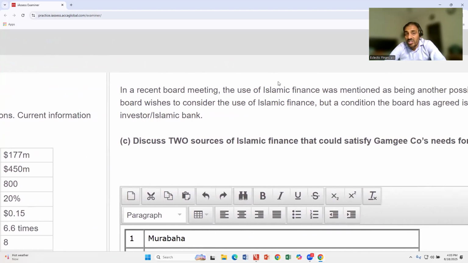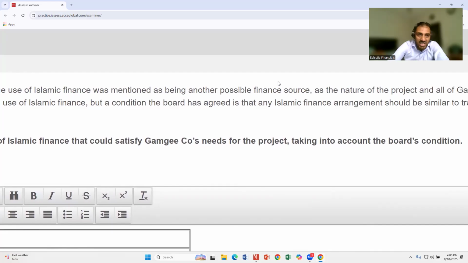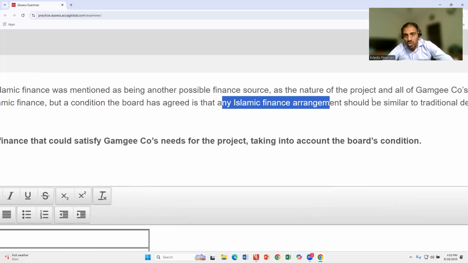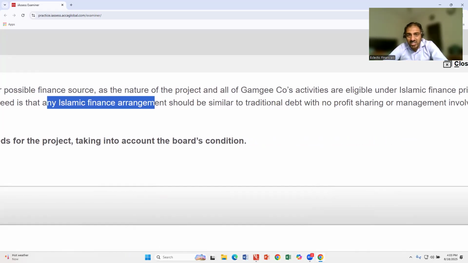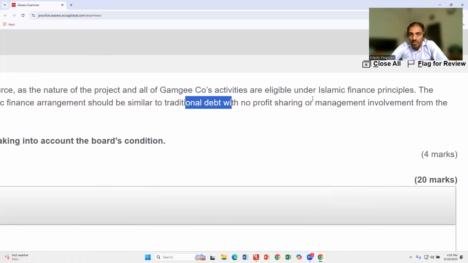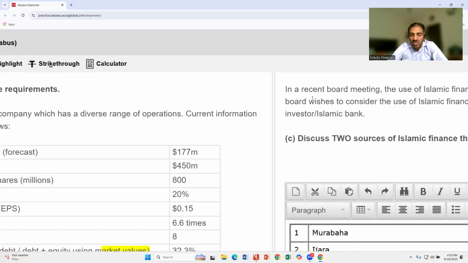The board wishes to consider the use of Islamic finance. Typical question about Islamic finance. But a condition: the board has agreed that the Islamic finance arrangement should be similar to traditional debt. It's not about profit making, it's about a debt basis with no profit sharing or management involvement by the investor or Islamic bank.